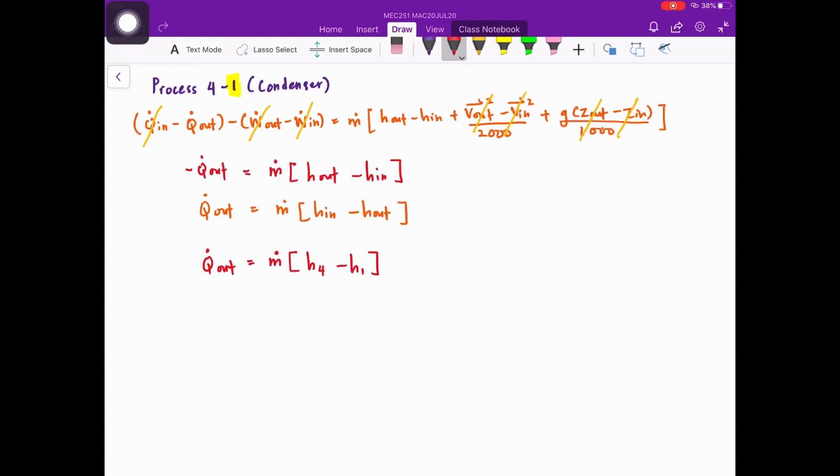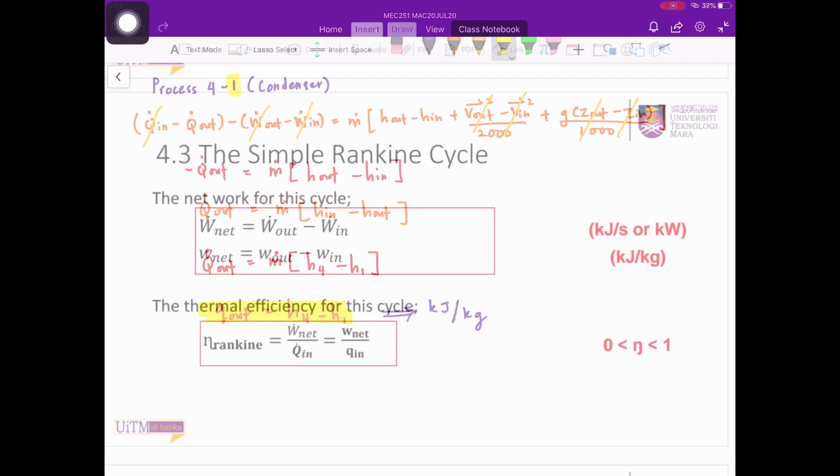Therefore, the steady flow energy equation for process 4 to 1 at the condenser becomes Q dot out equal to m dot times H4 minus H1. This equation will give us the unit of kilojoule per second or kilowatt. If we divide this equation by the mass flow rate, it becomes Q out equal to H4 minus H1, which gives us the unit of kilojoule per kilogram.